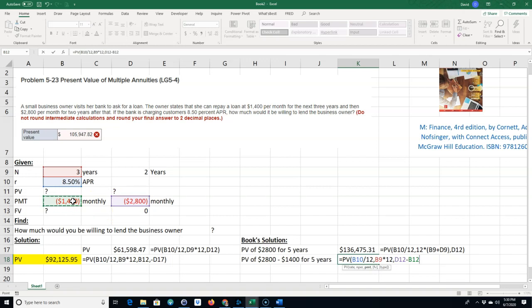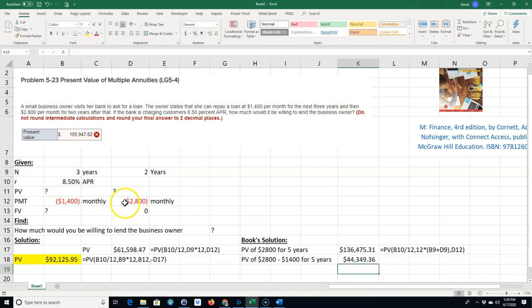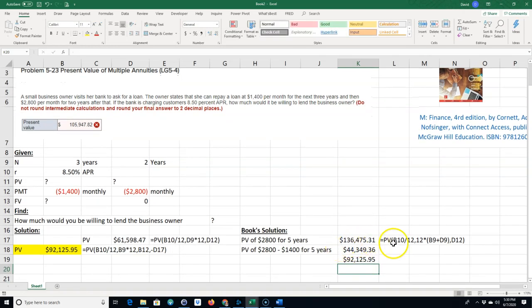And the future value, we don't really worry about it in this case because we're just subtracting off that cash flow, so we get to stop right there. So that's how much the excess is that I have to remove. So then if I subtract these, so I go equals this minus this, then I get the answer, right? And it's the same answer we did it the other way.